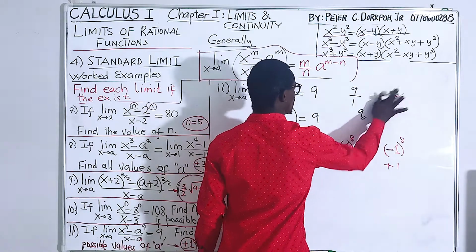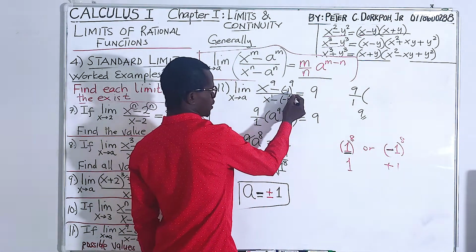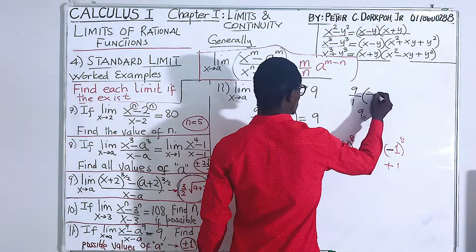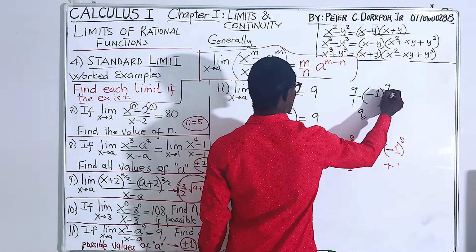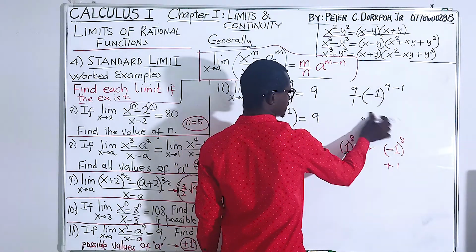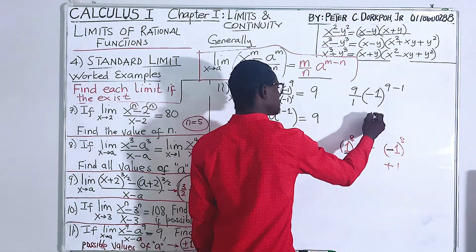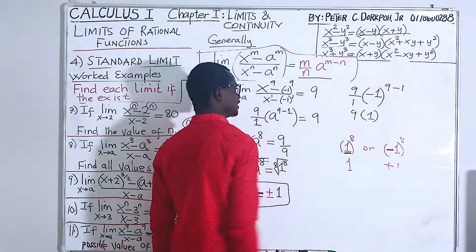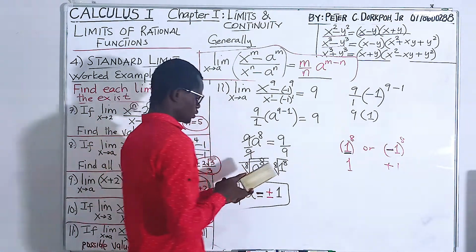So you will have minus 1 raised to the power 9 minus 1. So 9 minus 1 now is 8. Negative 1 raised to the 8th power is positive 1. Times this 9, it gives you 9. So either of them you use, they will still be the same.